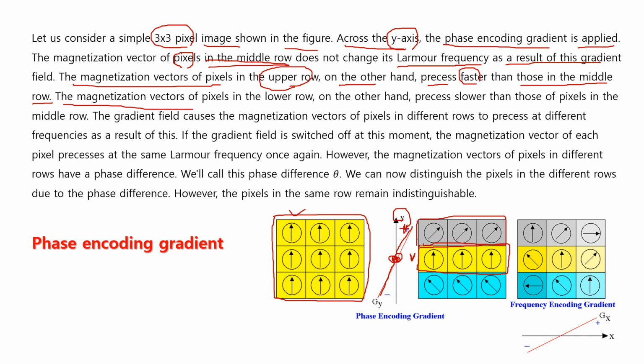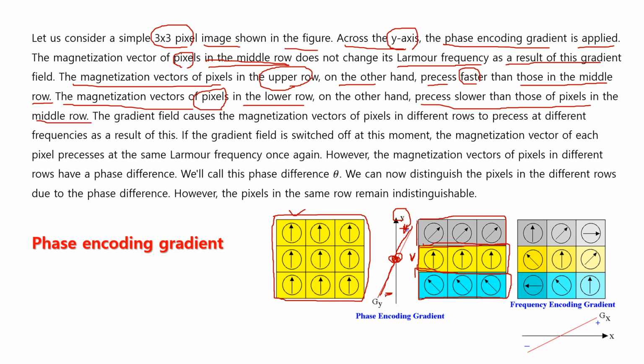The magnetization vectors of pixels in the lower row, on the other hand, here it is -1. So they precess slower than those pixels in the middle row. So the precession frequency in this row is smaller than that in the middle row. Okay.